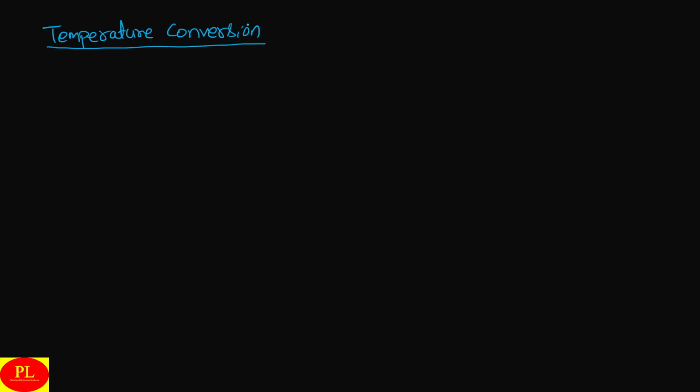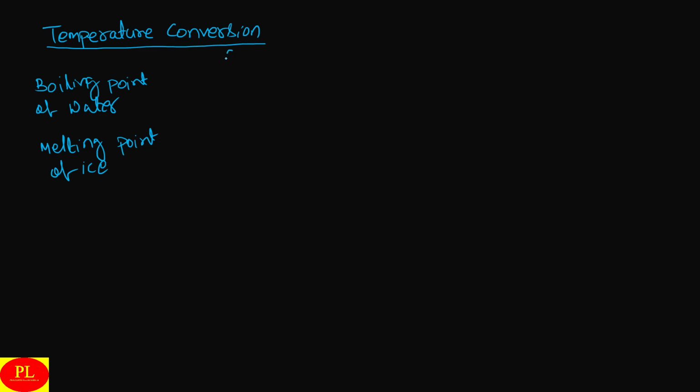To convert temperature, we need to remember two temperature values on each scale: the boiling point of water, the temperature at which liquid water starts converting into steam, and the melting point of ice, the temperature at which solid ice starts melting and converting to liquid water.